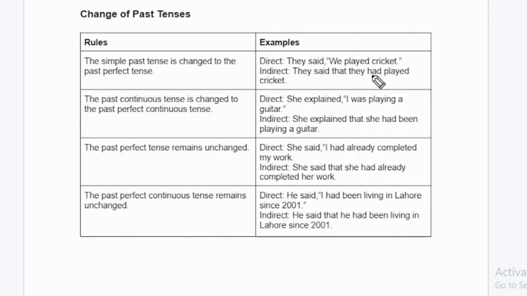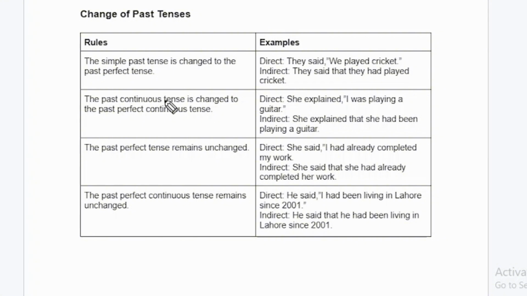So what did we add? We converted "we" into "they," and we added "had" because now we are changing to past perfect tense. The past perfect tense has "had" and "played," the third form, cricket.